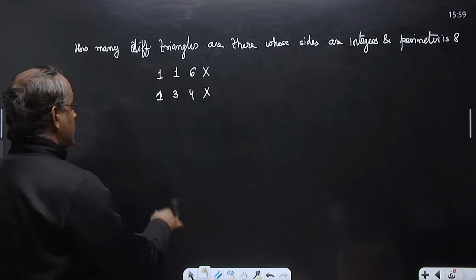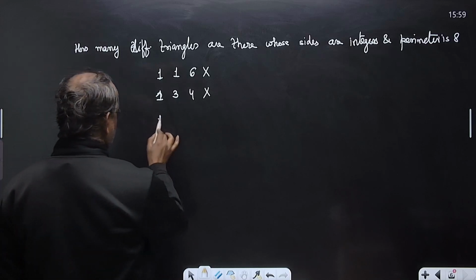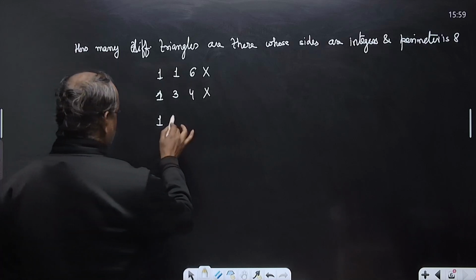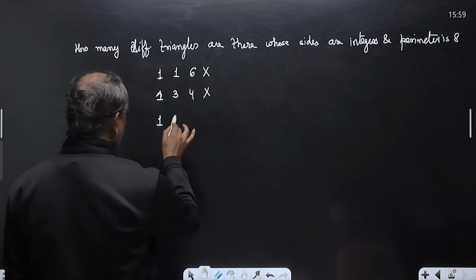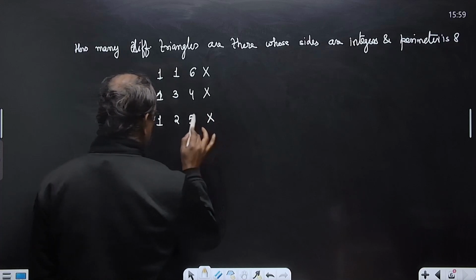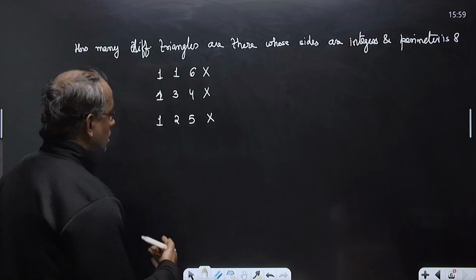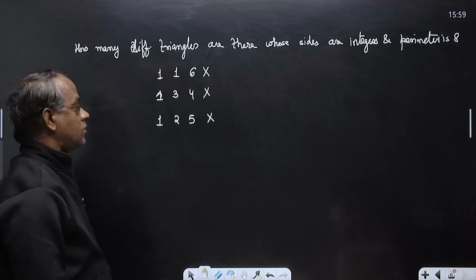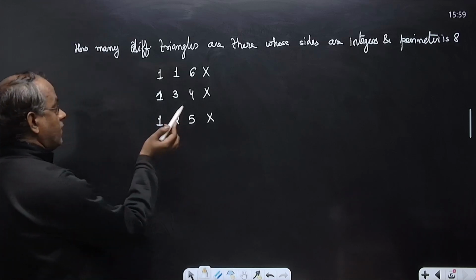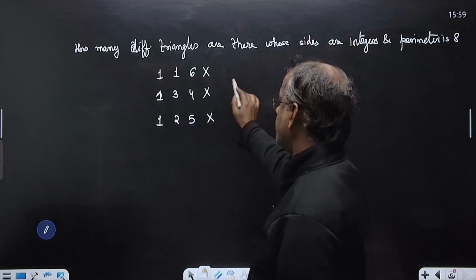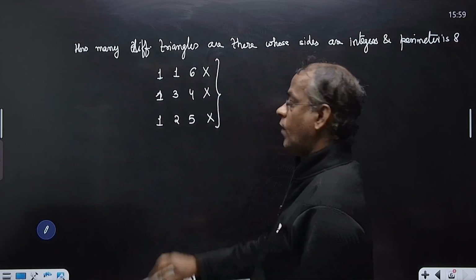If I take one side to be 1 and say 2, then 1, 2, 5. Again, this is not a triangle. Further, I am only writing sides in increasing order. So you are not getting any triangle. So none of the sides can be 1.